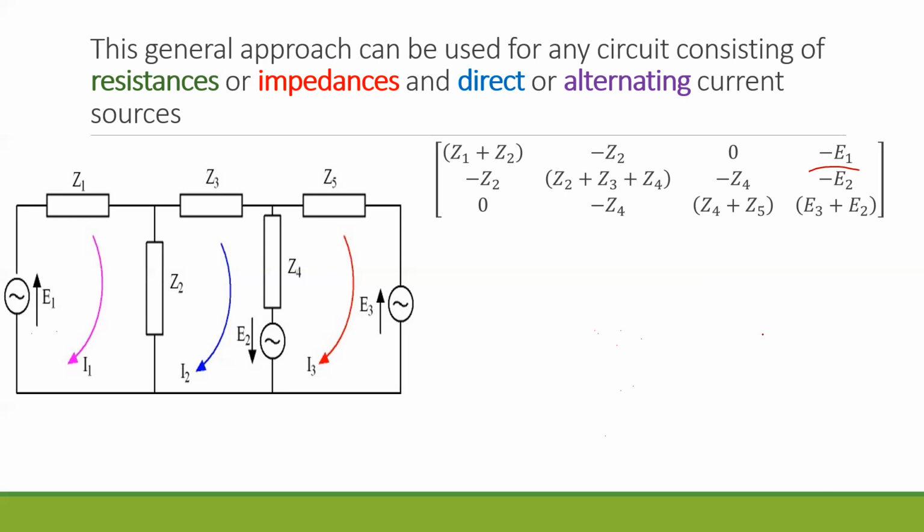So which terminal is the mesh 2 current entering? Negative, sir. So we put another negative. All right, don't move. What sources are in mesh 3? There are two sources, the E2 source and the E3 source. Which terminal is I3 entering?